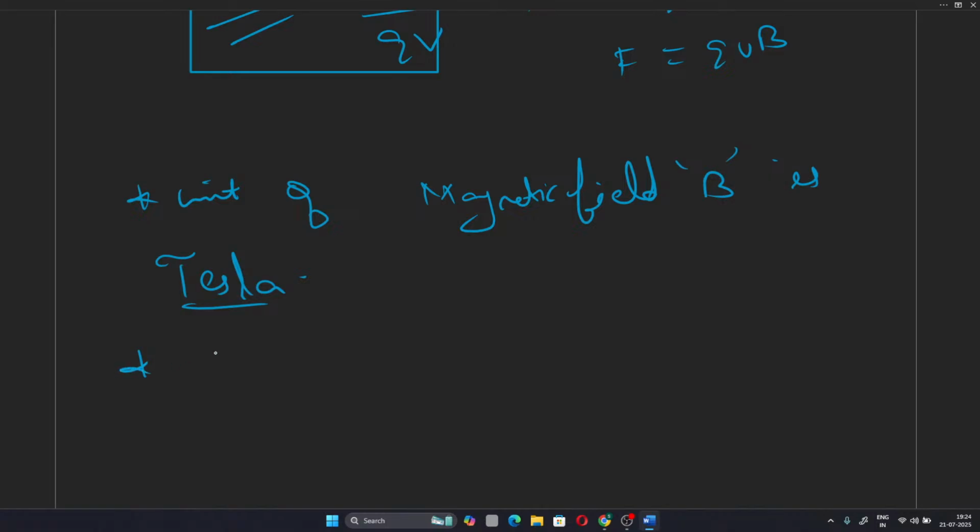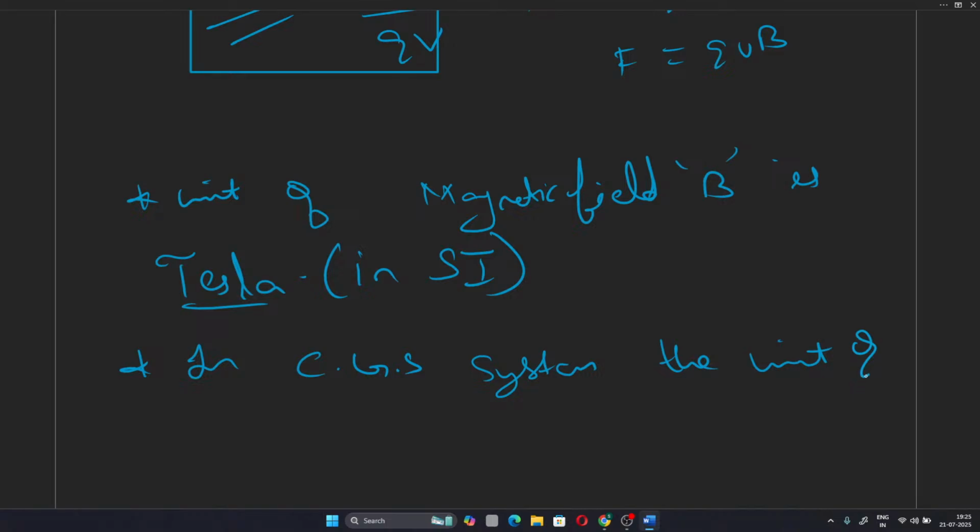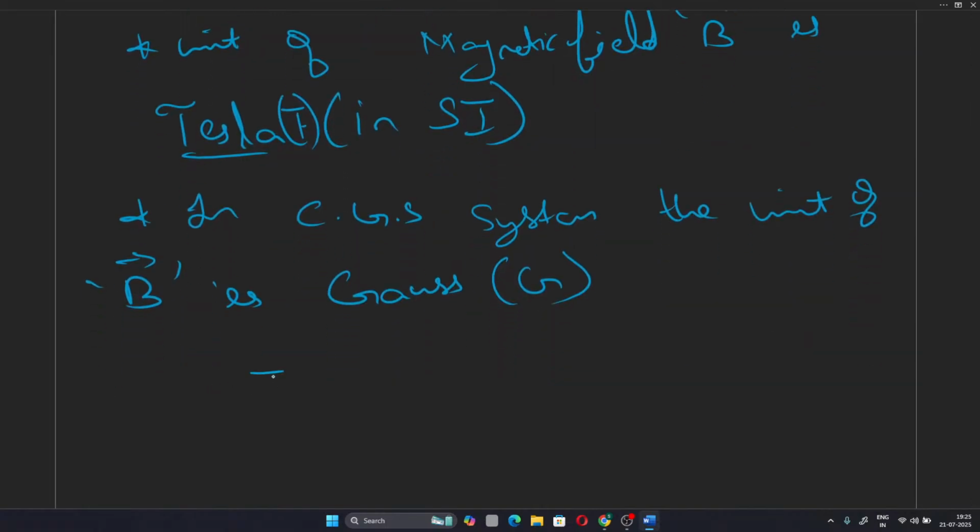This is in the SI system. In the CGS system, the unit of magnetic field is Gauss, represented by G. Here it is T, where 1 T equals 10 power 4 Gauss, or 1 Gauss equals 10 power minus 4 Tesla.